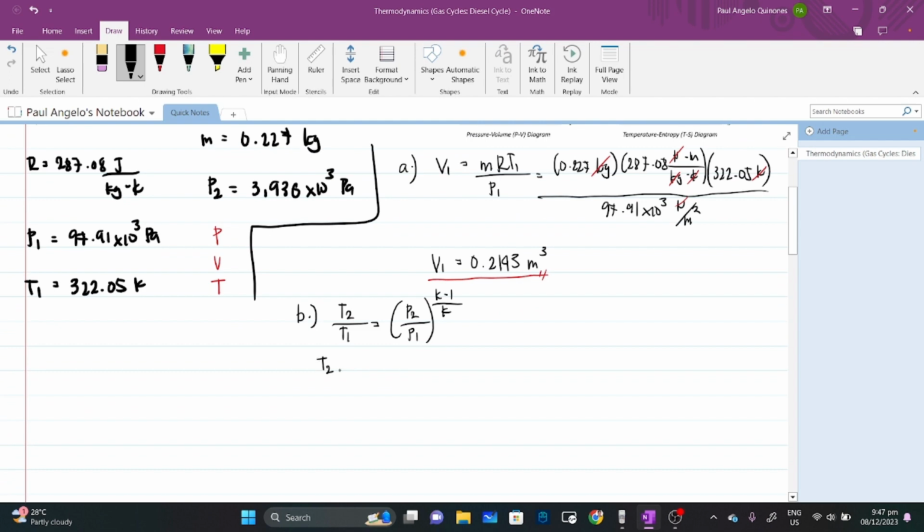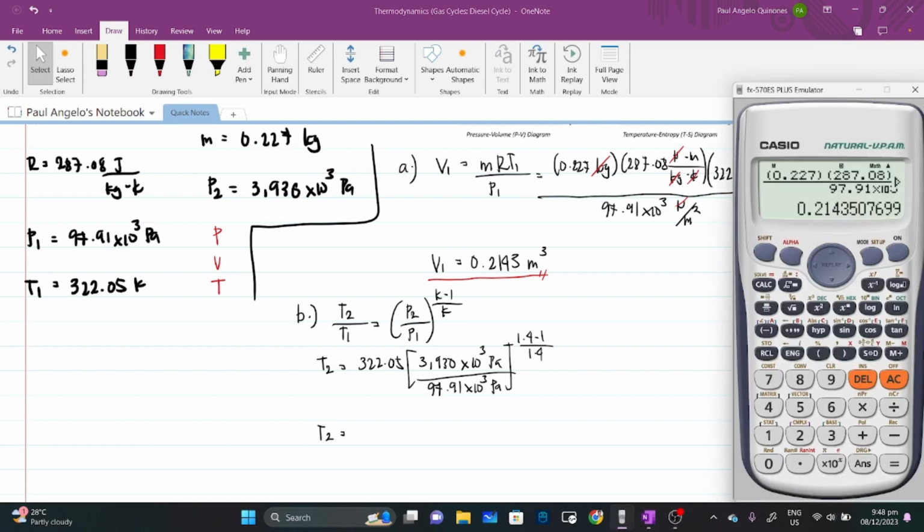T sub 2 is equal to T sub 1, that is 322.05, quantity P2, that is 3,930 kilopascals, over 97.91 kilopascal, raised to K of air, that is 1.4 minus 1 over 1.4. Let's plug it in our calculator.